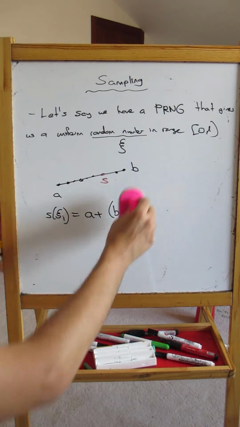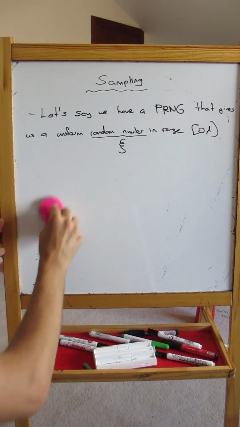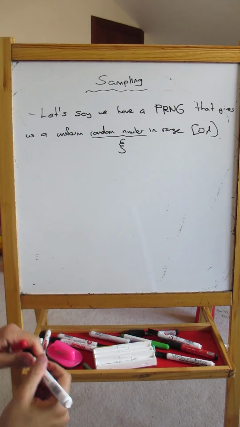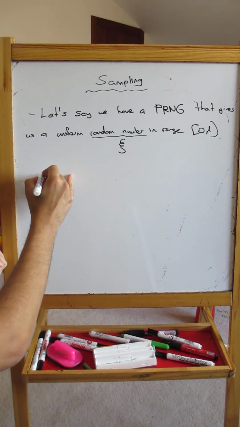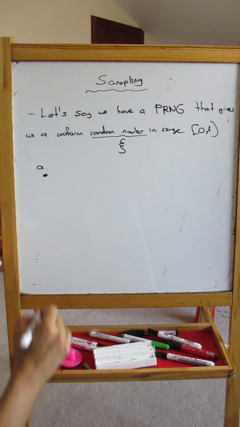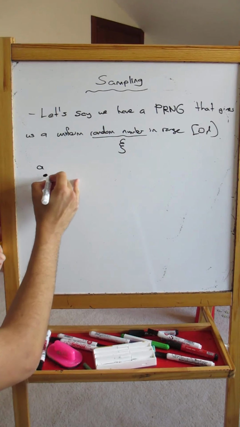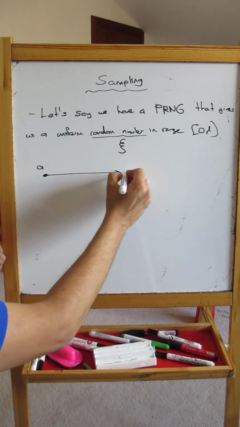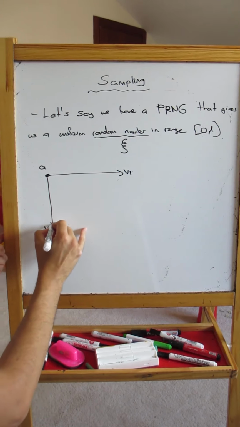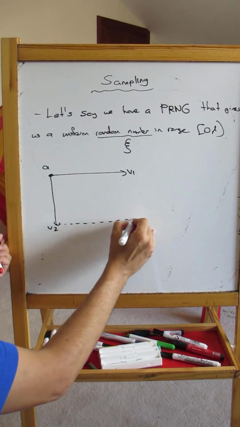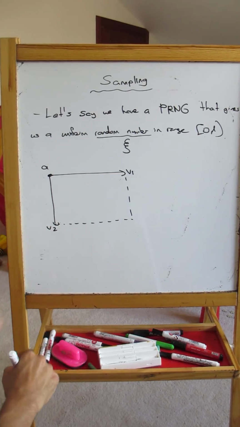Now, let's extend this idea. Let's say we want to sample along a two-dimensional region. But imagine that we have here a corner, A, and we have two vectors, V1 and V2, that define our region. It can be like a parallelogram or it can be like a rectangle.